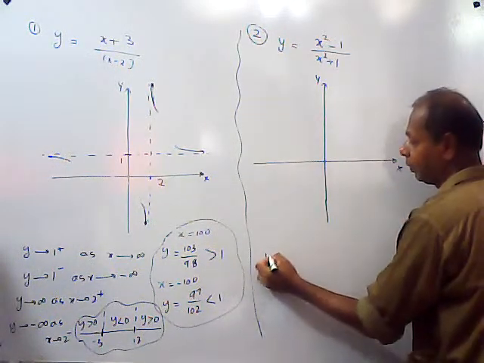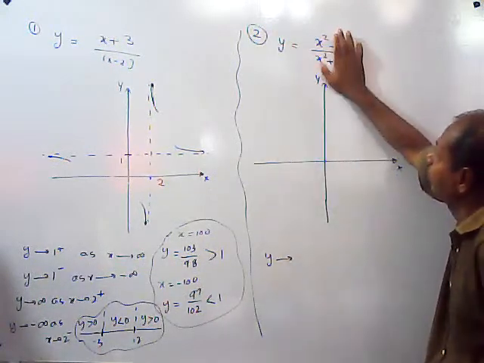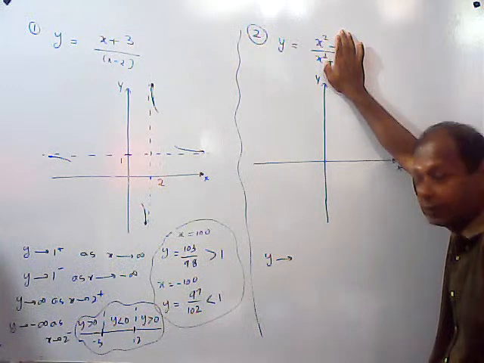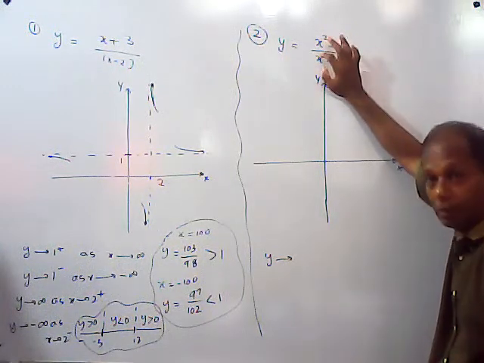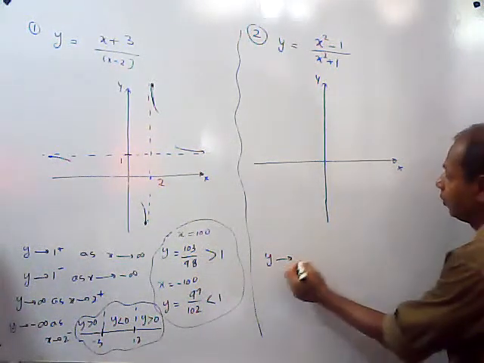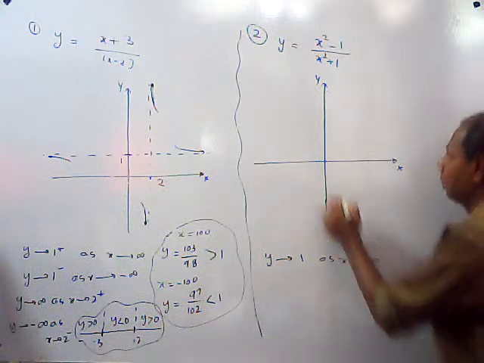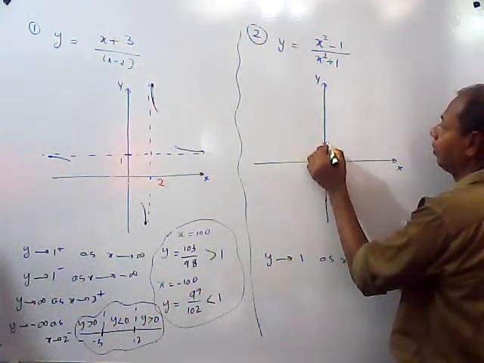We consider only the highest powers of x, which gives x squared over x squared. So y will go to 1 as x goes to positive infinity. We mark 1.